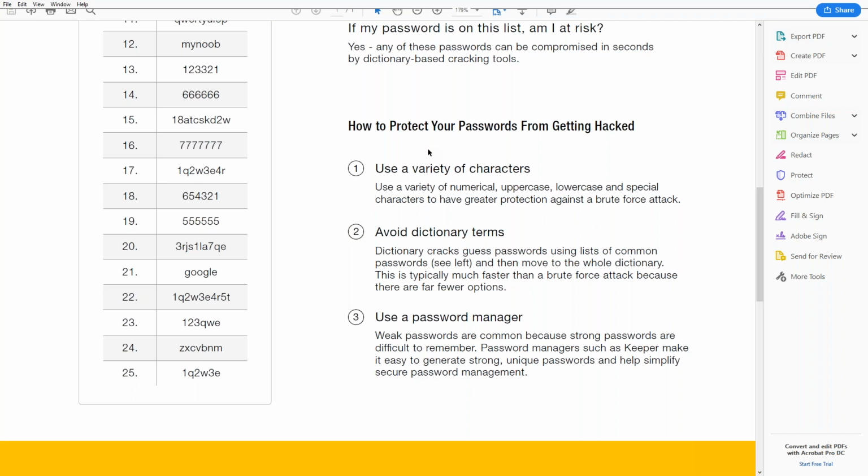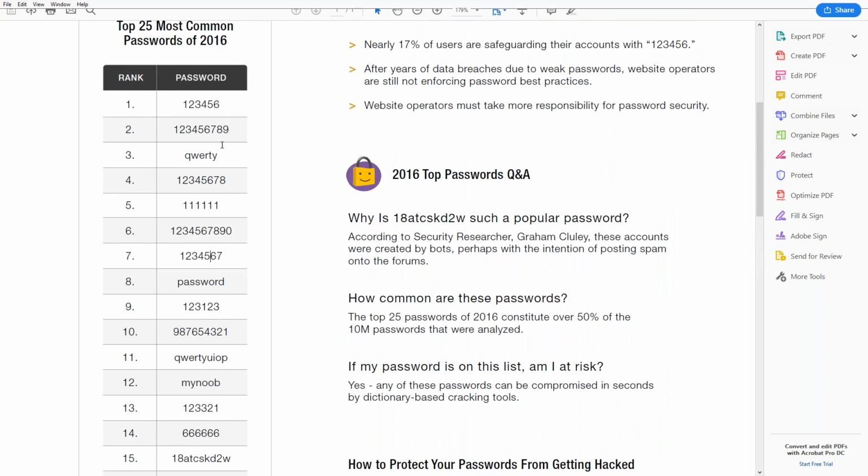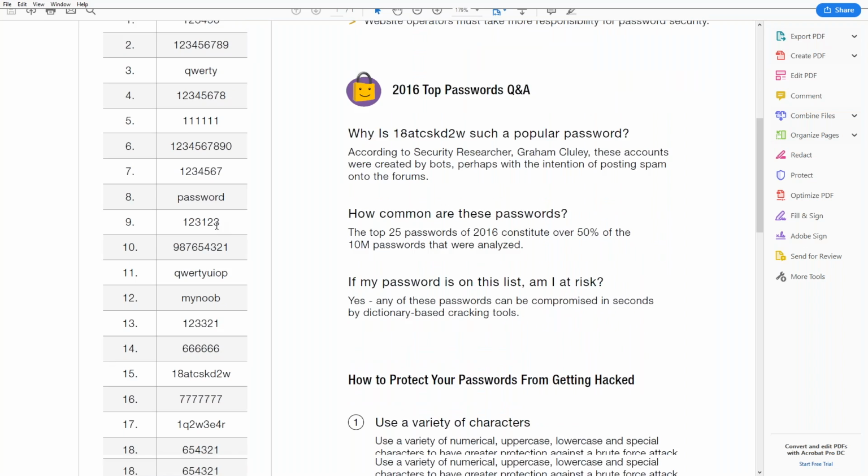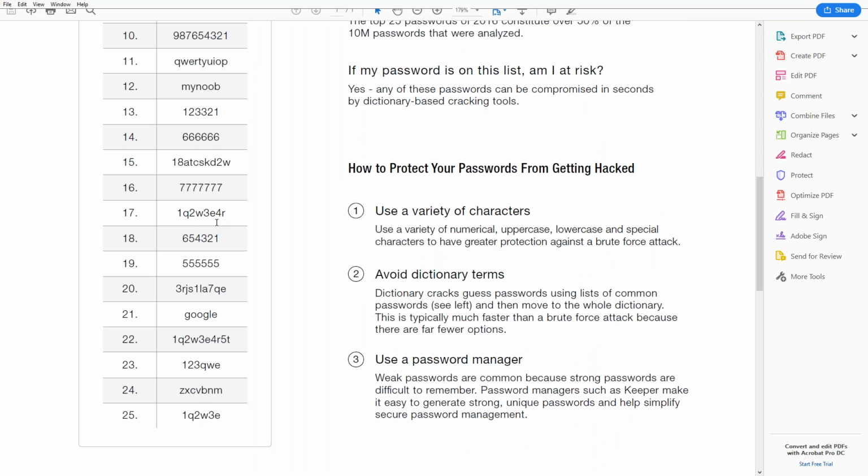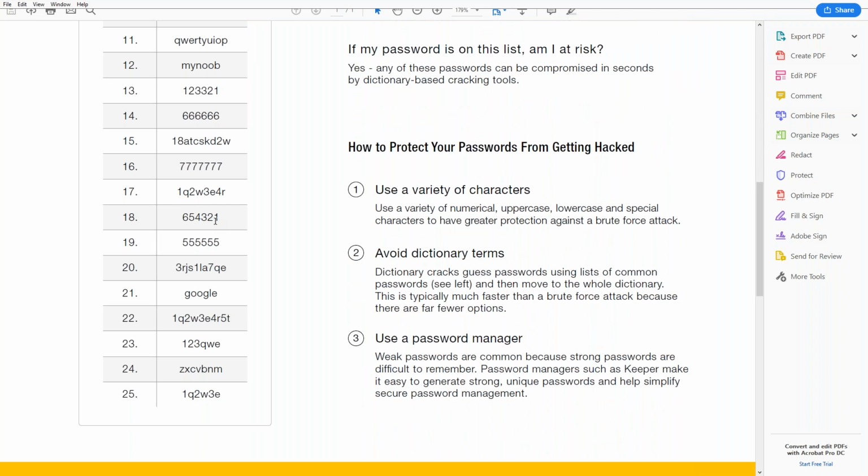Number 1 was use a variety of characters: upper and lowercase, special characters, numbers, just to be random and high strength, and have minimum password lengths of 8 characters, avoiding dictionary terms. That means do not use passwords that are on this list. And number 3, use a password manager, because a password manager is going to create a high strength random password for every single website and system that you use.